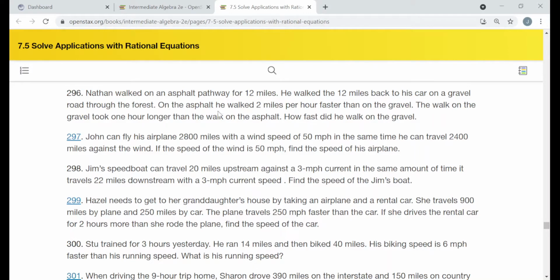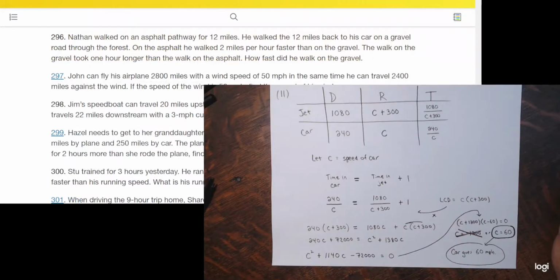On the asphalt, he walked 2 miles per hour faster than on the gravel. The walk on the gravel took 1 hour longer than the walk on the asphalt. So we have this walk on the gravel and walk on the asphalt. How fast did Nathan walk on the gravel? There should be a question mark there.